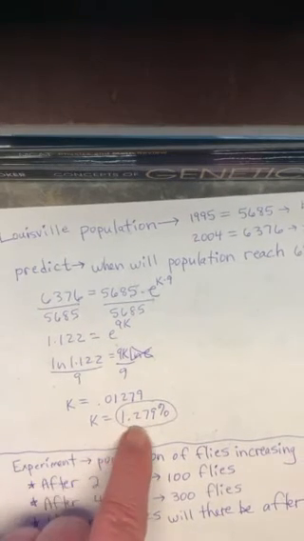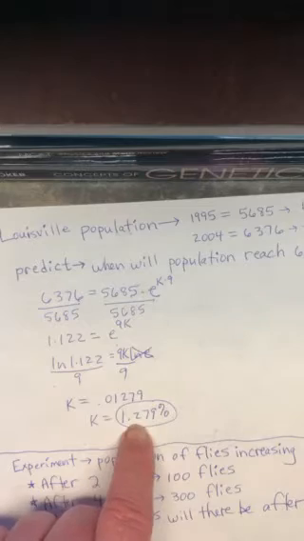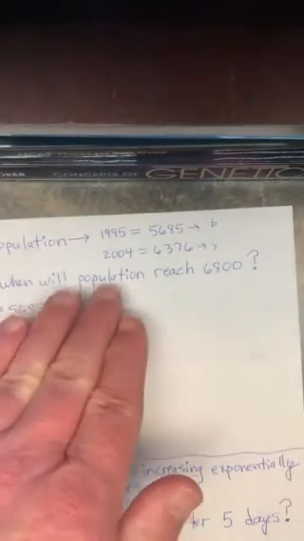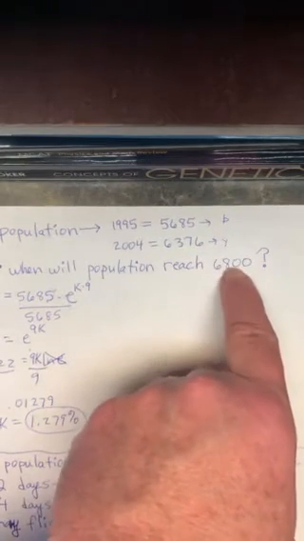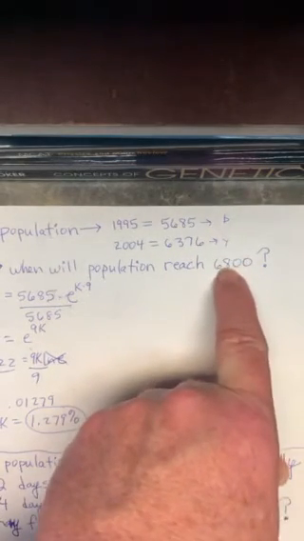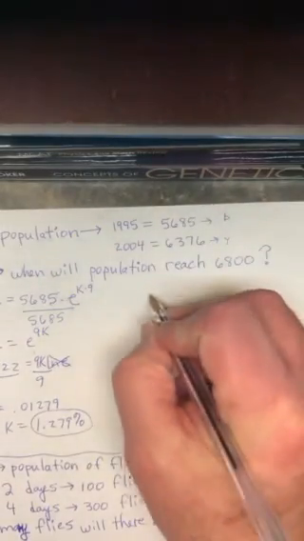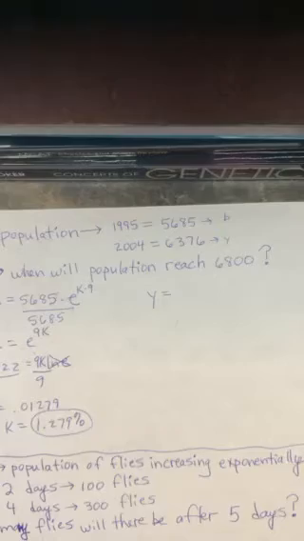Now, that's not my answer, because they didn't say figure out the growth rate. Oh, they said predict when will the population reach 6,800. So what do we do now? Well, think about it. We've got a growth formula now that says y equals, right?